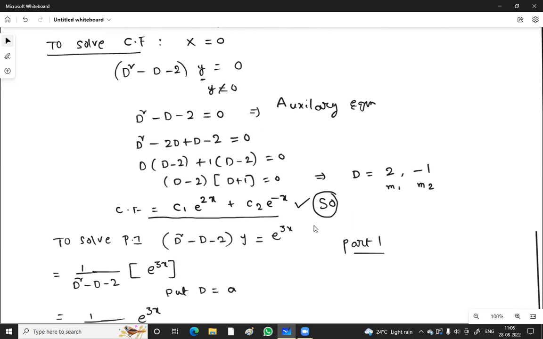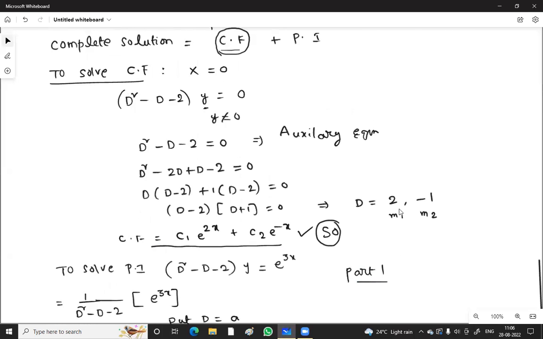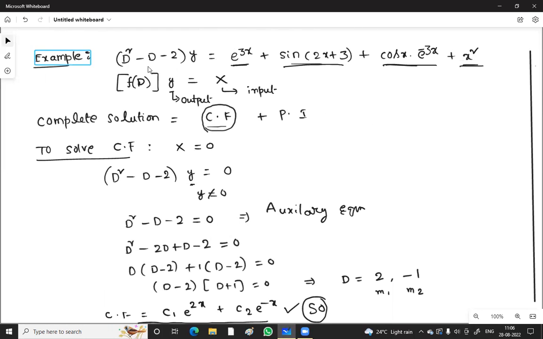Because when input is 0, you find the complementary function. When inputs are there, you find the particular integral. How many inputs are there here? 4 inputs, so S1, S2, S3, S4. 4 solutions you got, and when all inputs are 0, you get the complementary function. So in this problem you got 5 types of solutions.